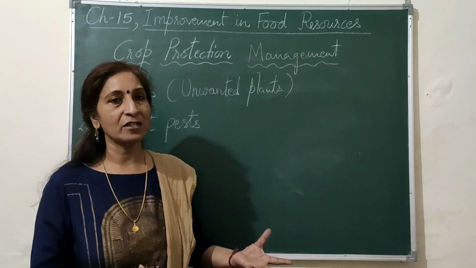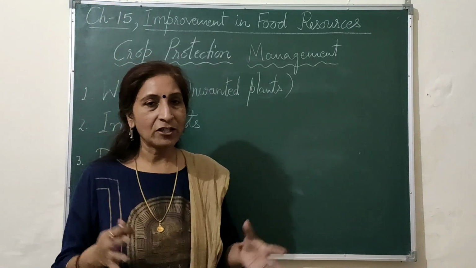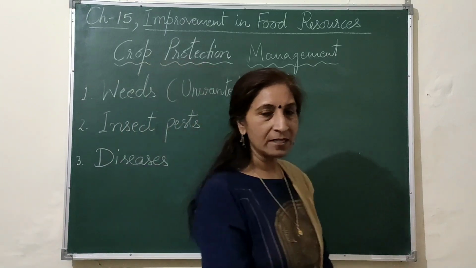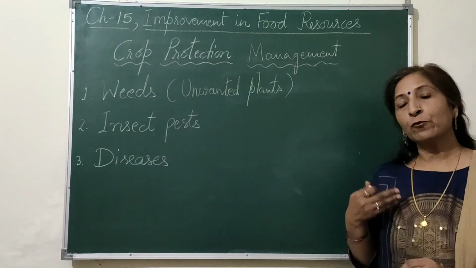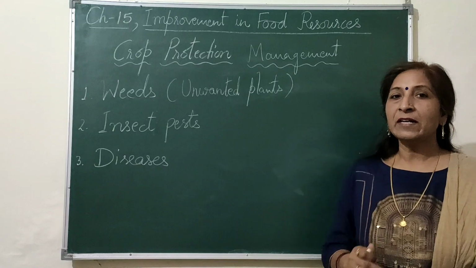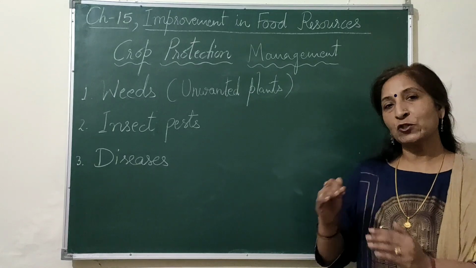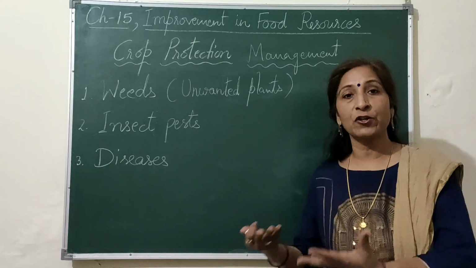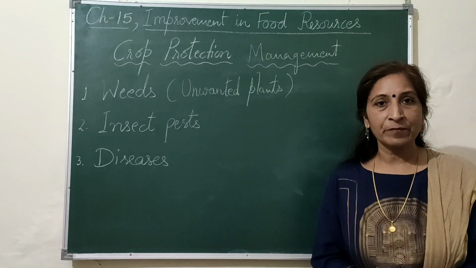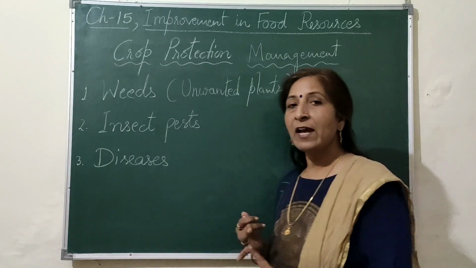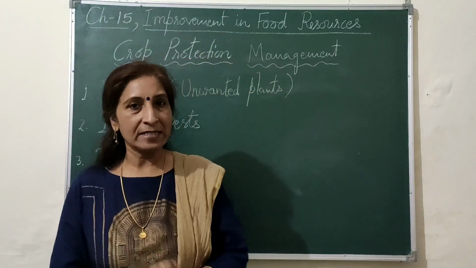So what are these plants? From where have they come? Actually, it is the result of seed dispersal. It is the season of growth of those plants also, but these are unwanted for you because you have grown some other type of plants in your kitchen garden or in your pots. And you keep on removing them. And why do you remove them? So we will discuss that.